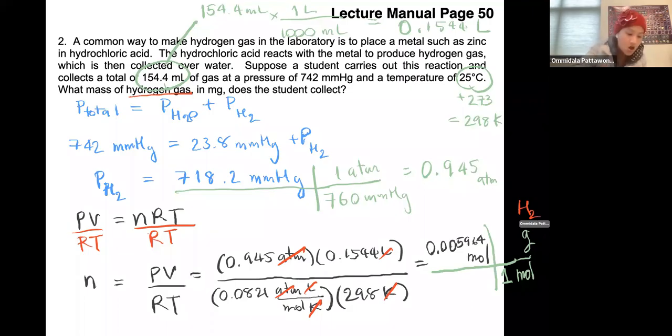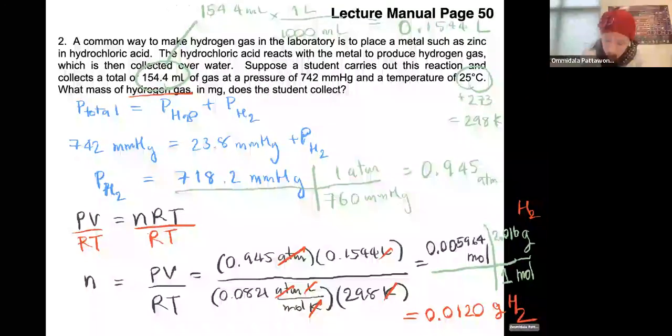So therefore, in this case, what you are going to use is the molar mass of H2. If you add those together, you should get 2.016. So if you multiply these two values together, you should get 0.0120 grams of hydrogen gas.